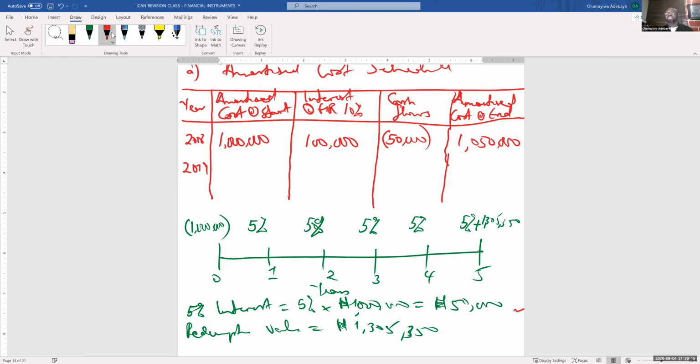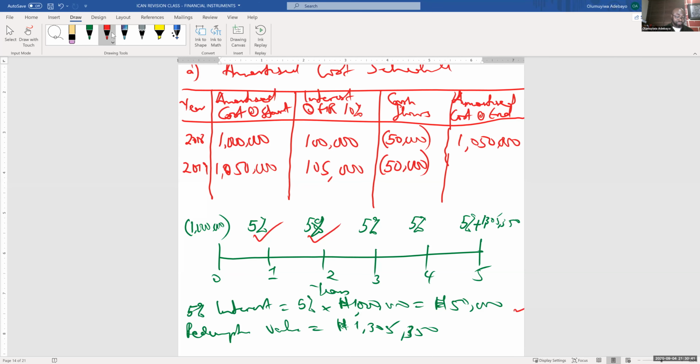That's my amortized cost at the end of year 1, which I'll bring forward to year 2. In year 2, what is 10% of this? 105,000. How much will I still collect? Year 2, second interest. I've collected first, I'm collecting second. 50,000, because we are told that he has paid up to that date.